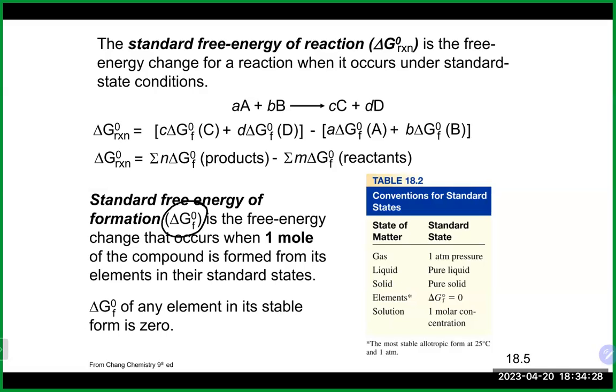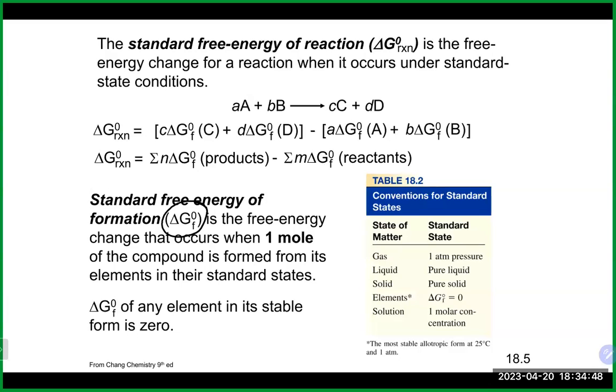And delta G is also very much like delta H in the sense that if you have anything in a standard state, like O2, N2, or just a metal by itself that's not combined, those values typically are 0. So delta S is really the only one that will have values for those types of things. Both delta H and delta G will usually have 0s for those.